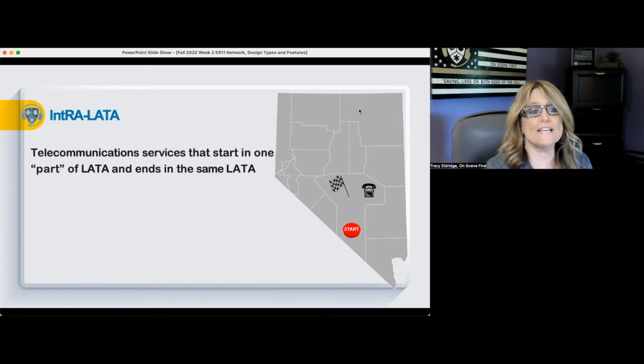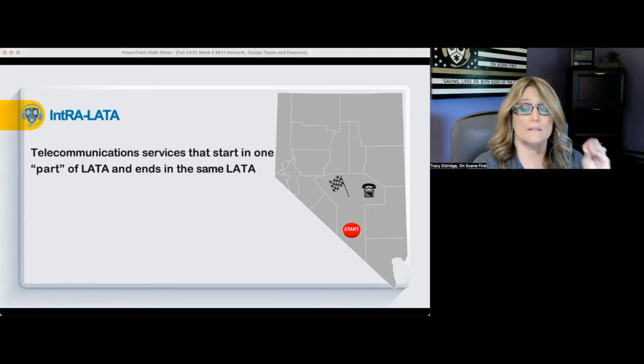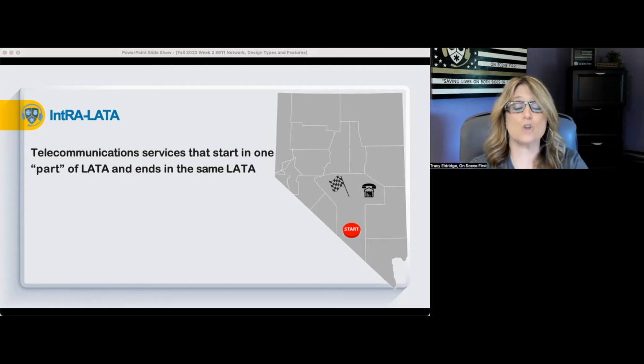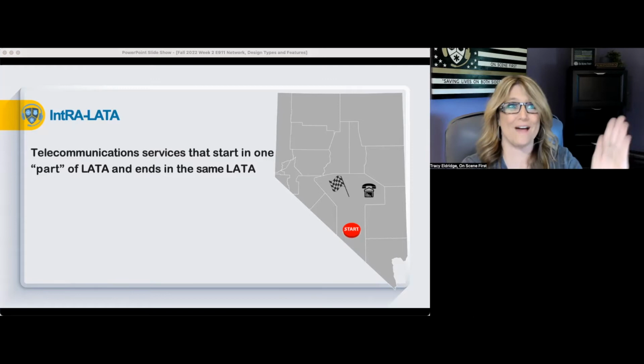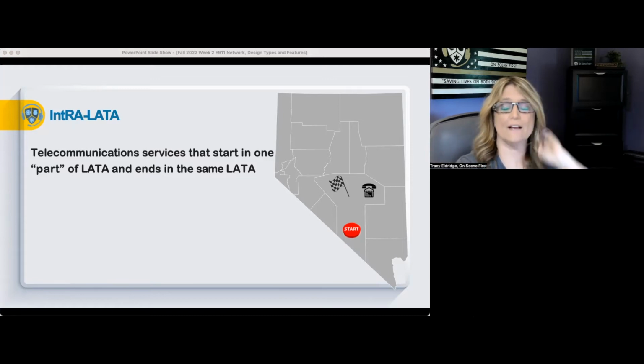And then there is intra-LATA. You can see by the diagram that this is a telecommunication service that starts in one part of the LATA, but it ends in another part of that same LATA, local access transport area.